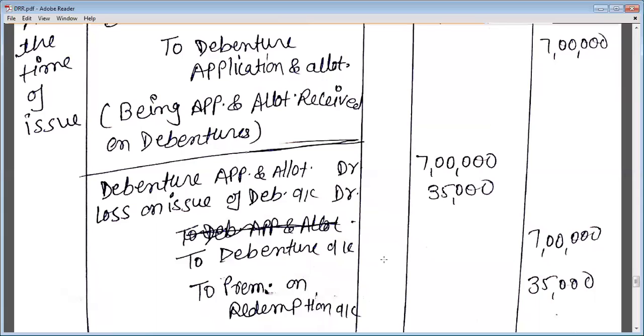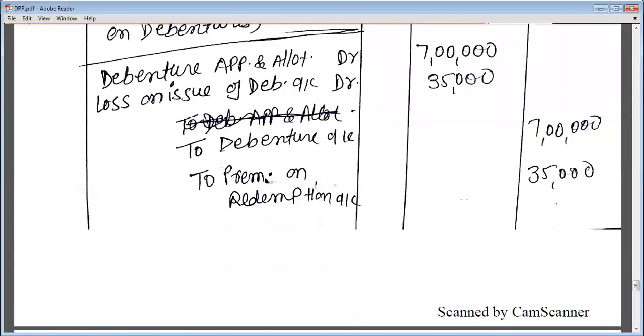So premium on redemption is a liability for us. That's why we credited the premium on redemption account. And this 35,000 loss has occurred because of paying premium on redemption. That's why we credit premium on redemption account, and the loss is loss on issue of debenture 35,000. So this entry will be passed.